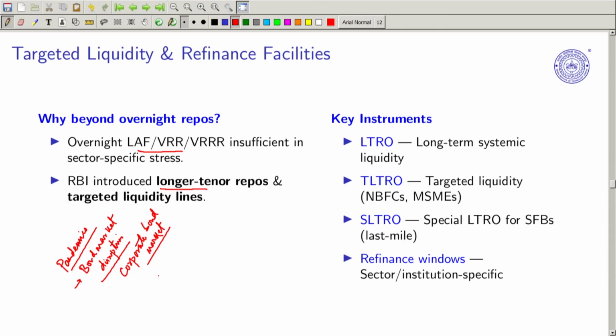Second was the case of financial inclusion, because at that time the economy was really in a bad shape, lockdowns and all. There was a lot of demand for small finances. And then we know that in India we have micro, small and medium enterprises, MSME we call it, or you can say small medium enterprises, SMEs.